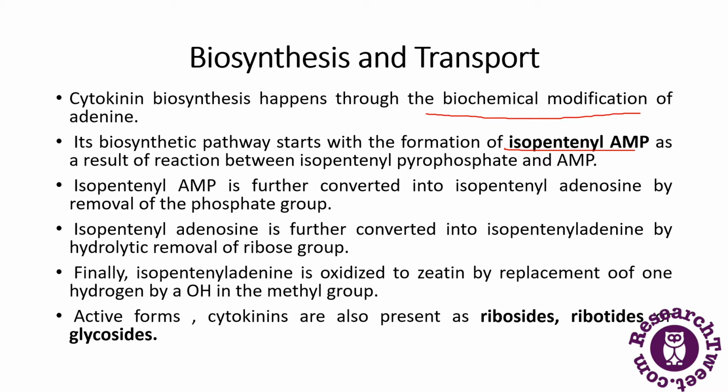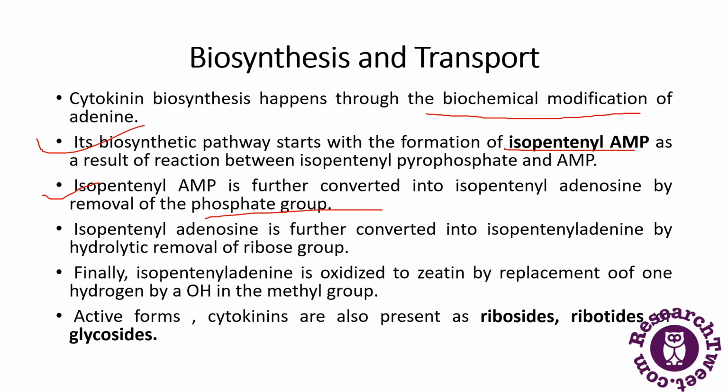When the phosphate group is removed, it leads to the formation of isopentenyl pyrophosphate and AMP. Isopentenyl AMP is converted into isopentenyl adenosine by the removal of the phosphate group.